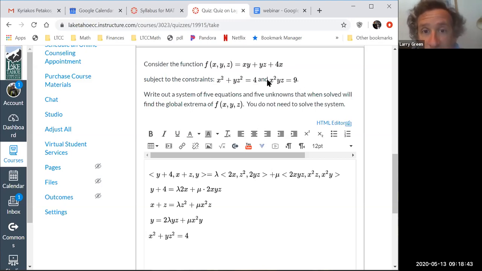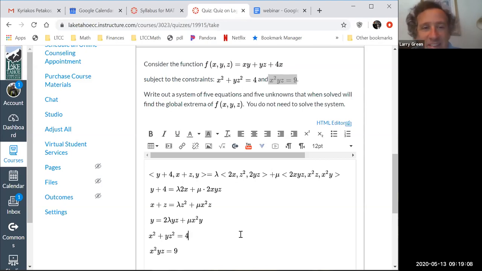And then similarly, let's copy the next one. Okay, and I have 5 equations, 5 unknowns. You see why I told you don't even think about solving? Would you want to solve these in your 20-minute quiz? I don't think so.